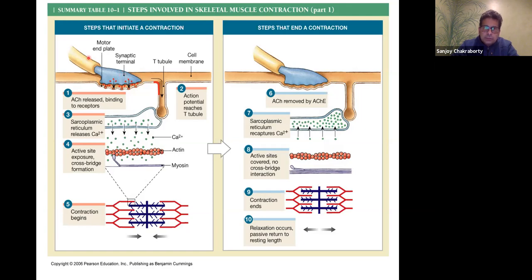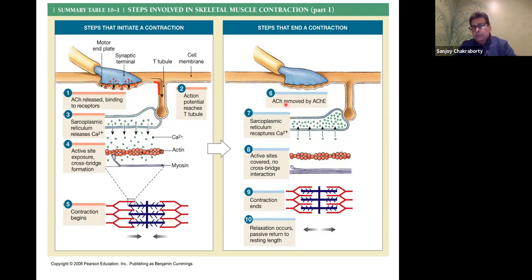When the signal comes, acetylcholine is released and binds with the receptors. The action potential of the signal goes through the T-tubule to the sarcoplasmic reticulum. The sarcoplasmic reticulum releases calcium, calcium binds to the troponin molecule, moves tropomyosin, cross bridge formation happens, muscle contracts.